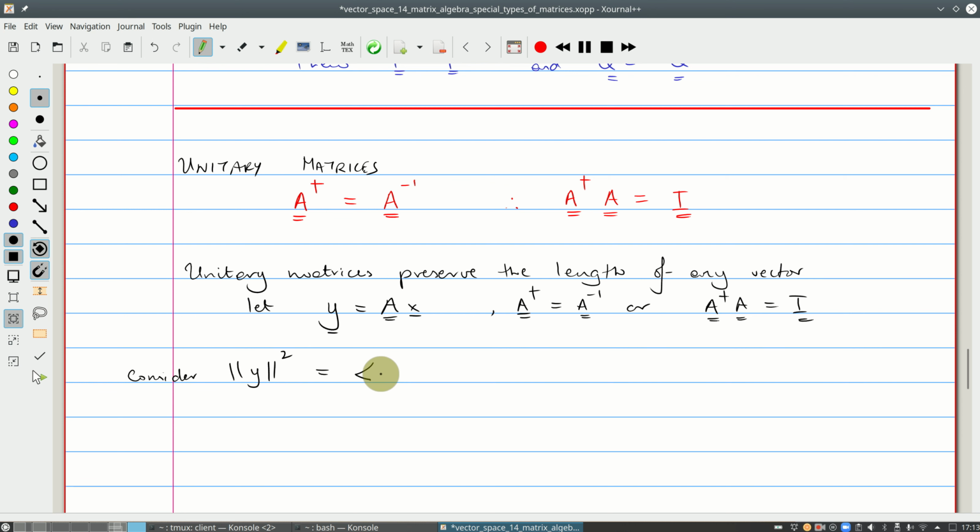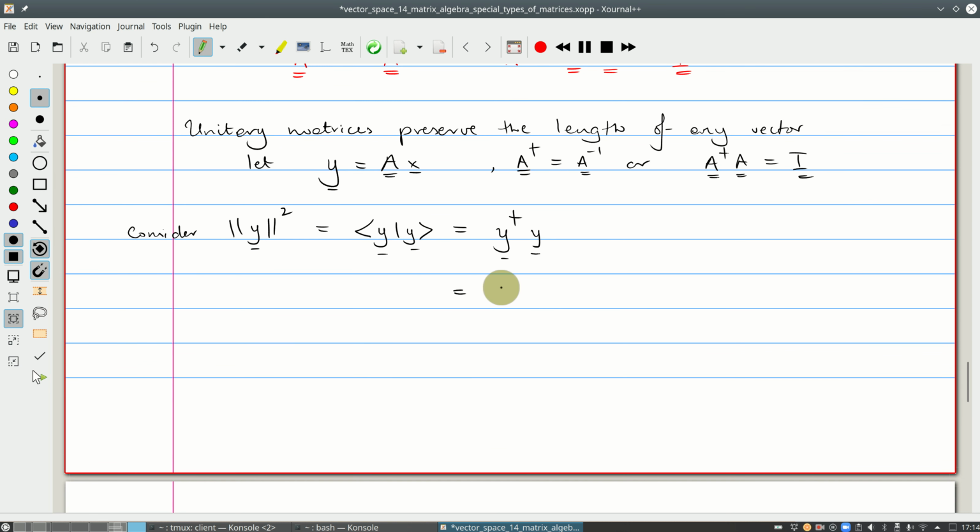That's equal to the inner product of y with itself, so that's equal to y dagger y. Y itself is A operating on x, so that's (Ax) dagger times Ax.